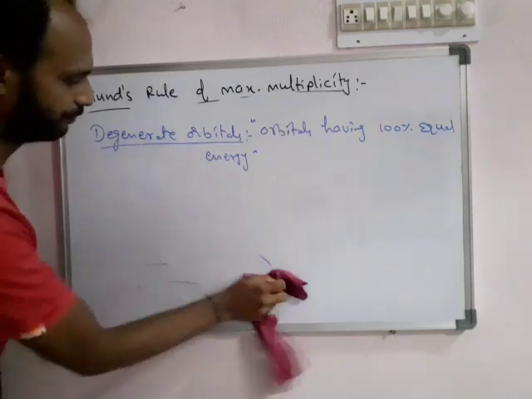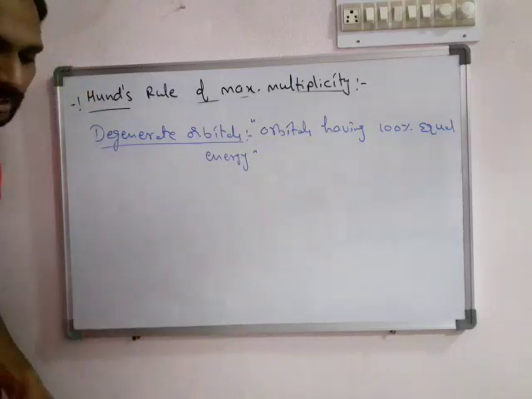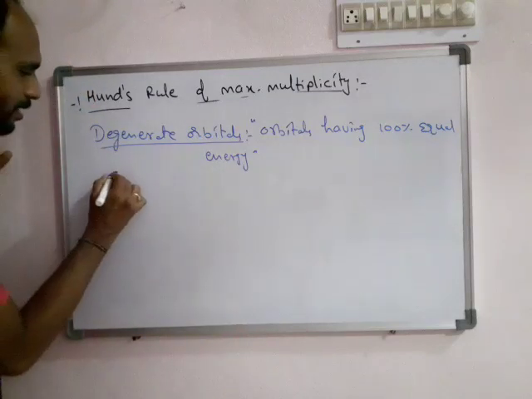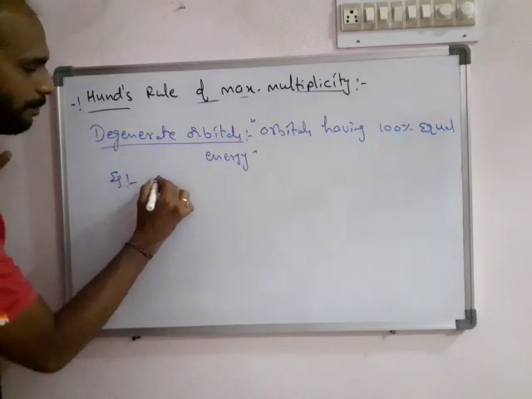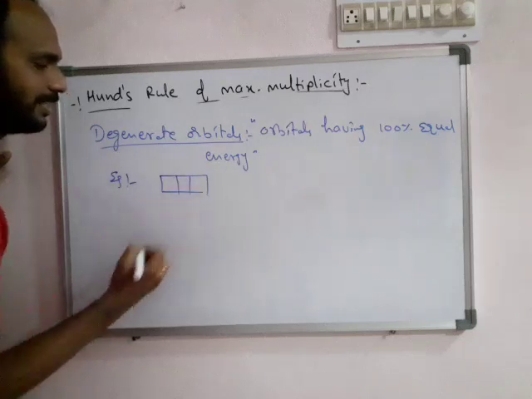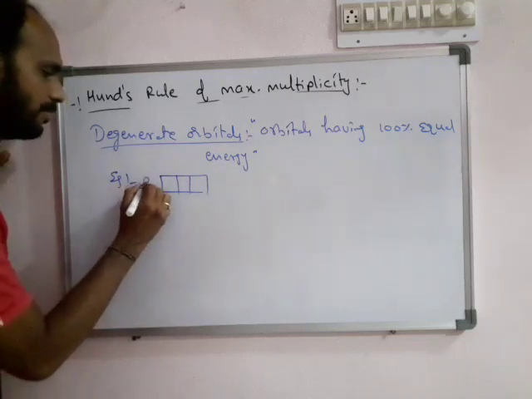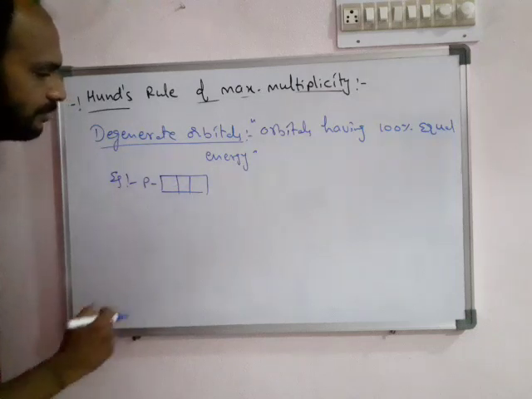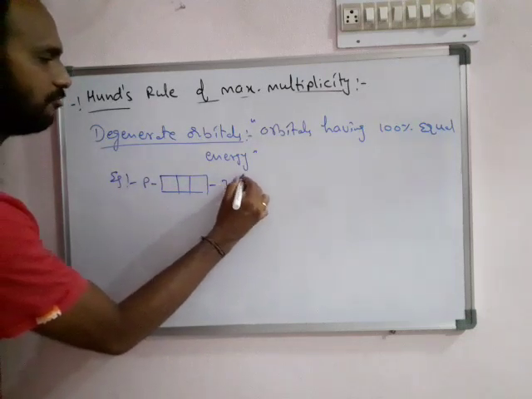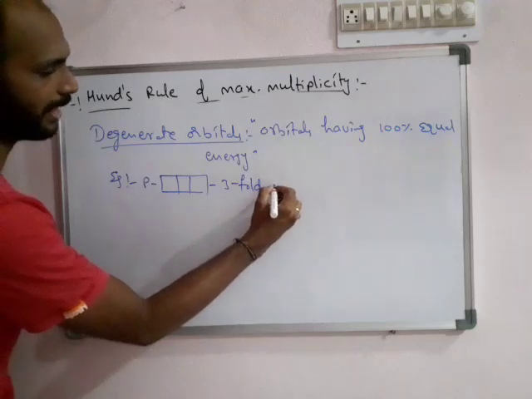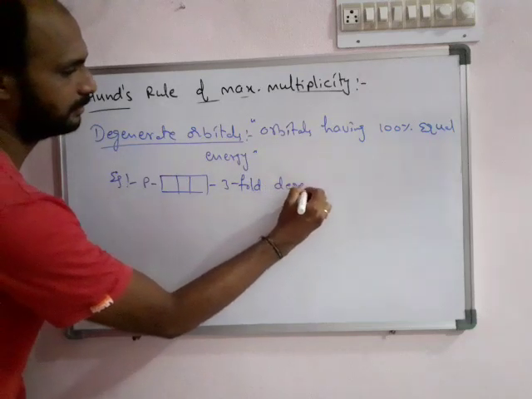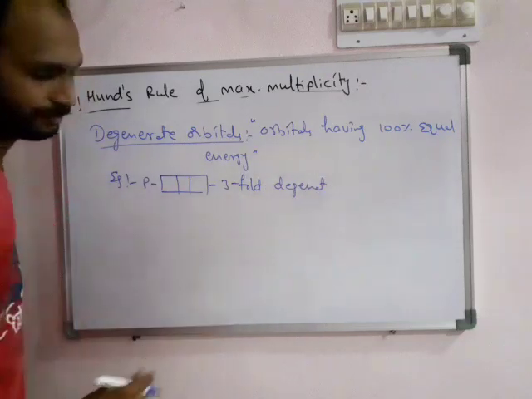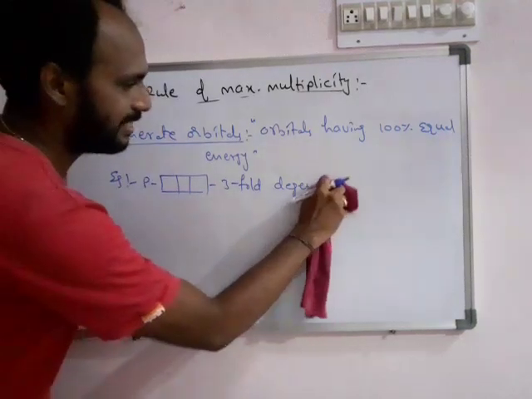Okay. For example, for the p orbital, 3 degenerate orbitals are present. P orbital, you can say p subshell. 3 unnayi kabatti it is known as threefold degenerate.